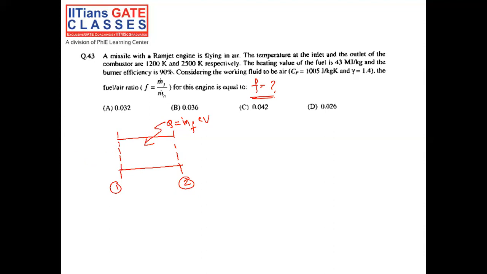So this is the entry of the combustion chamber. Let's say the mass flow rate of the air entering the combustion chamber is ma dot. So the total mass flow rate coming out of the combustion chamber will be ma dot, the mass flow rate of air which entered inside the combustion chamber, and the mass flow rate of the fuel which was injected inside the combustion chamber, right?